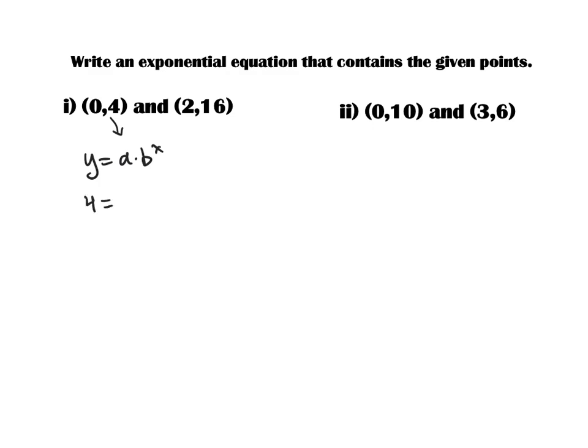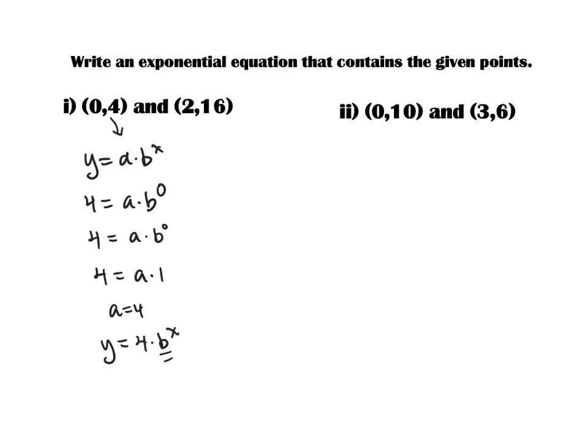So if y equals 4 when x equals 0, then that means 4 equals a times b to the 0, which I just rewrote. Big deal. Okay, so b to the 0 is equal to 1. Therefore, this is 4 equals a times 1, so a equals 4. So we have the function y equals 4 times b to the x.